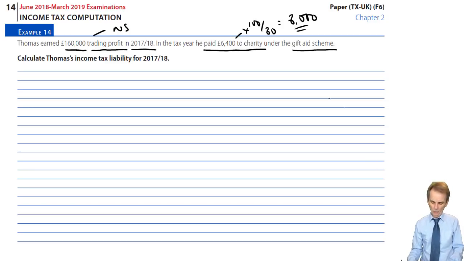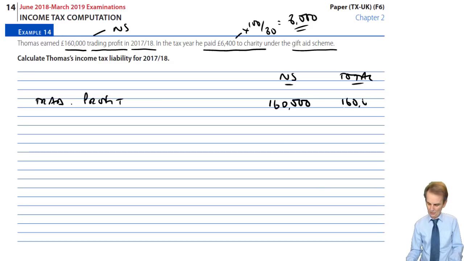So let's do all our normal bits to begin with. Again, we've just got non-savings and total. We've got our trading income or trading profit, £160,000. In it goes, 160. That is also there our net income.